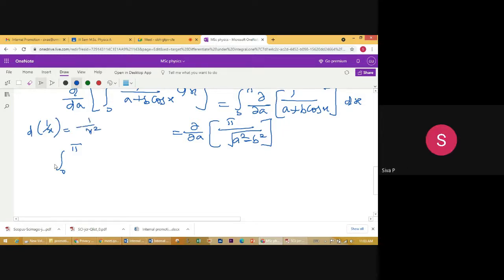So minus 1 by a plus b cos x whole square, minus dx divided by a plus b cos x whole square. Differentiation of a is 1.